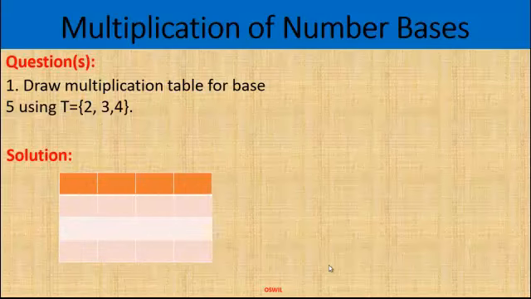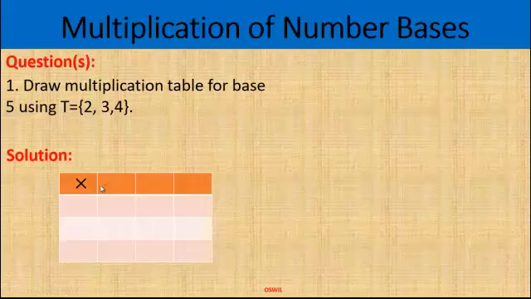Because we have 3 elements of the set being mentioned, you have to get a 4 by 4 table. That's 4 rows and 4 columns. Then in the first cell, you write your symbol, and that is multiplication.